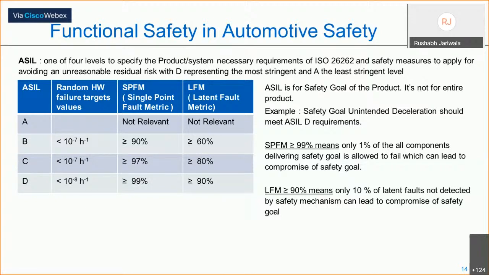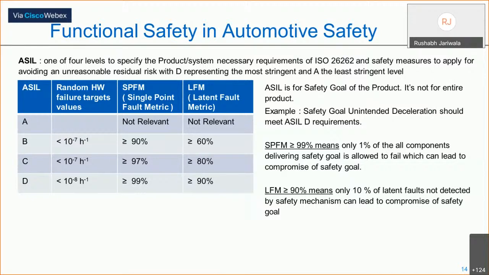How low? There are some numbers: if it is an ASIL D function, then its probability of failure should be less than 10 to the power minus 8 per hour, which is a very low number that needs to be proven. And on the other side, the architecture needs to have something known as the single point failure metric and latent point failure metric. Based on the ASIL level, that number varies.